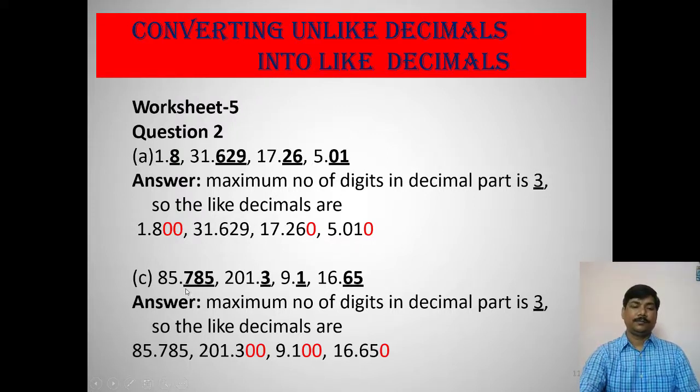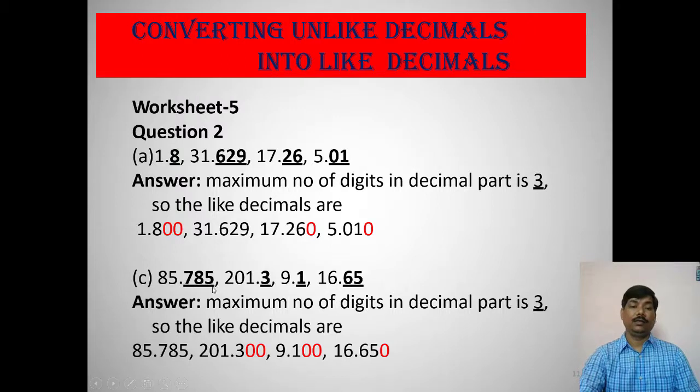In the next example, here are some numbers: 85.785, 201.3, 9.1, 16.65. We will make them like decimals by the same method.